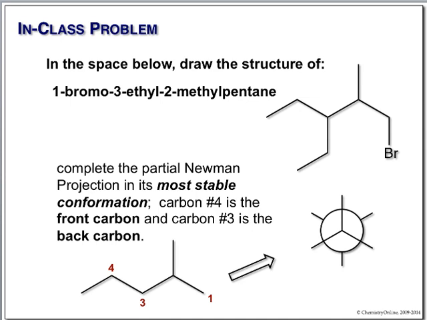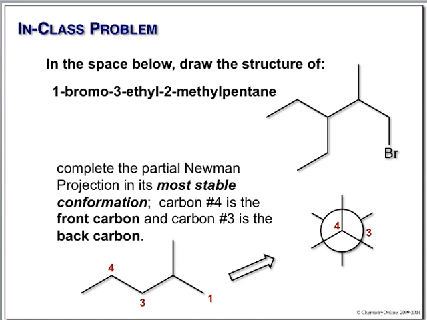All right, now remember your instructions. Carbon 4 is going to be the front carbon. And carbon 3, this guy, is our back carbon. So now all you have to do is look at it and say what's attached to carbon number 4.